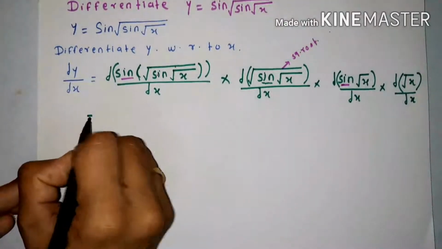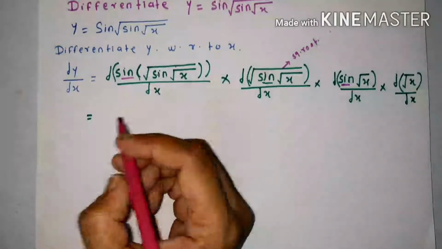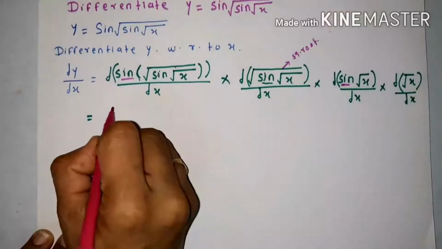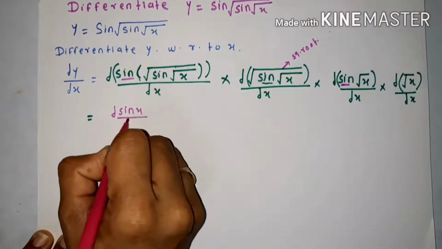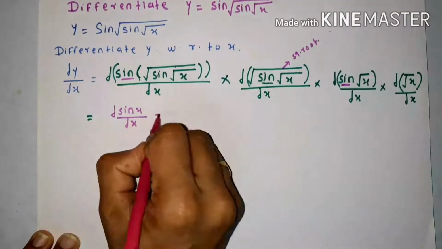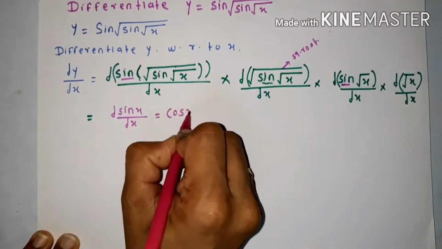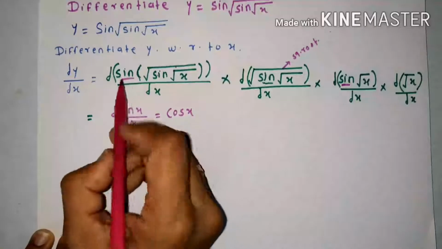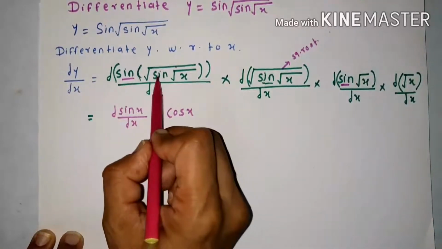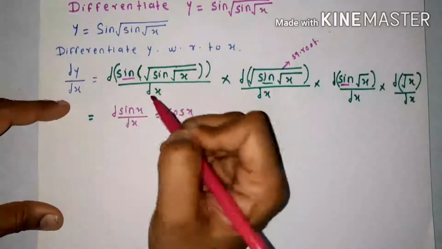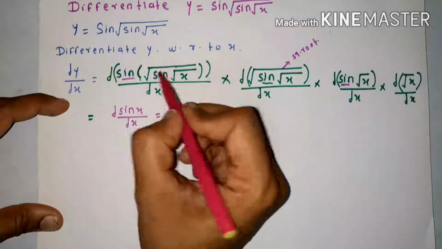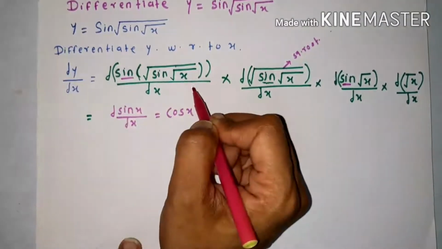Now we know the formula, differentiation of sin x with respect to x is cos x. Similarly, differentiation of sine of square root of sine of square root of x is cos of square root of sine of square root of x.